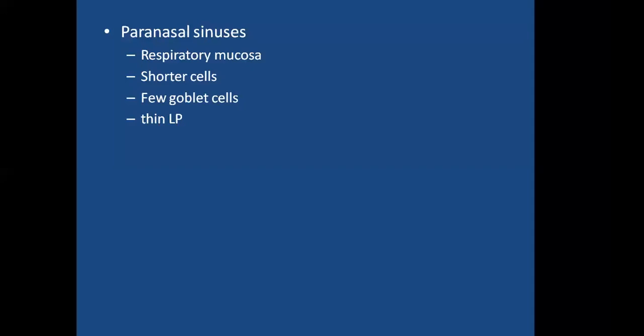I am repeating again that the respiratory mucosa of paranasal sinuses is the same as the respiratory mucosa of the nasal cavity, with a small difference, and the difference is that their cells are shorter in height with few goblet cells and thin lamina propria which attaches to the bone or periosteum.